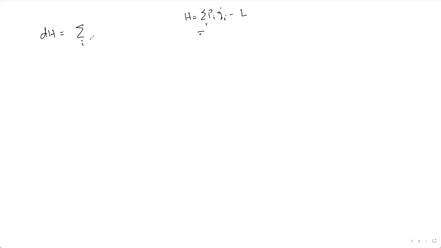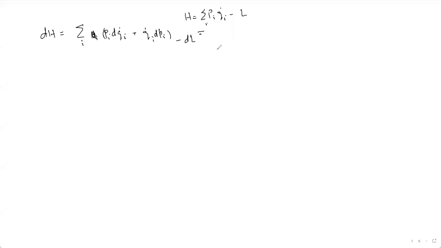But dL we have already defined. So I will write this as the summation over i of p_i into dq dot i plus q dot i into dp_i, minus dL.